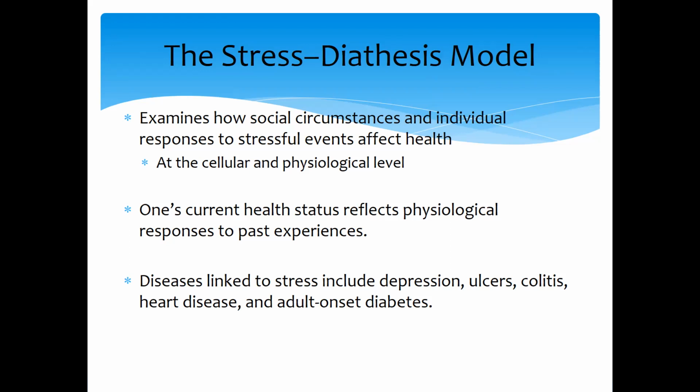On the stress diathesis model, stress is a nasty thing that happens inside our bodies. It produces significant amounts of inflammation that affect our bodies at multiple levels, and it's all chemical. Your body does a really great job of trying to manage those stress chemicals. Think of the free radicals, your cortisols, the tumor necrosis factors and the interleukins.